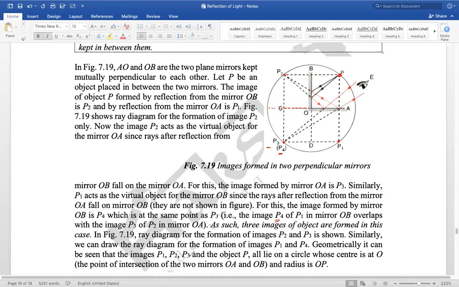Geometrically, it can be seen that the images P1, P2, P3 and the object P all lie on a circle. ठीक है ना? तो जितने भी ये हैं P1, P2, P3, ये सारे एक सर्कल पे लाई करेंगे. And lie on a circle whose center is at O, the point of intersection of the two mirrors OA and OB, and radius is OP.